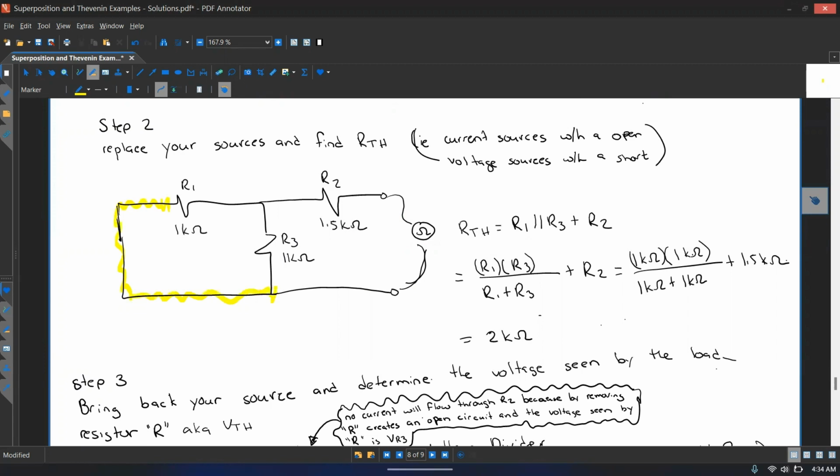And so what you should see is that this resistor right here is in parallel, so R1 is in parallel with R3. So you can add those two together in parallel. And once you combine these two in parallel, you'll see that the parallel combination of R1 and R3 is in series with R2.